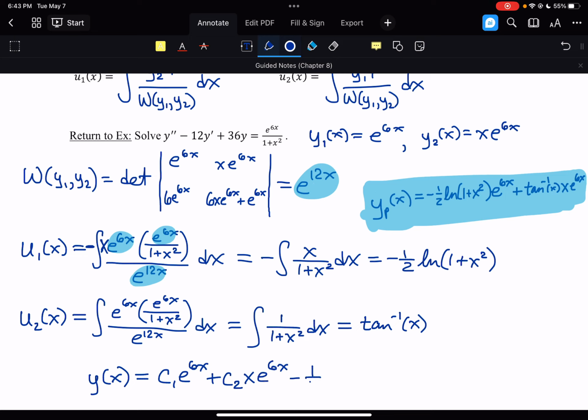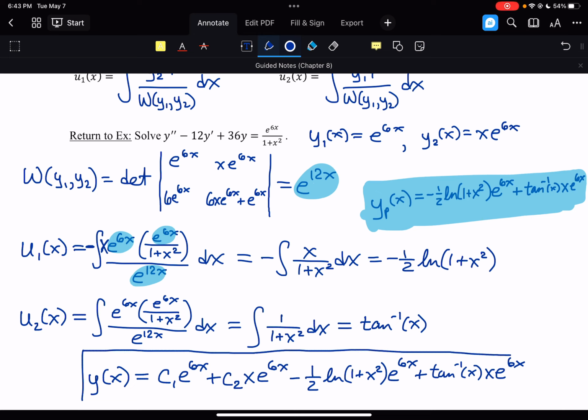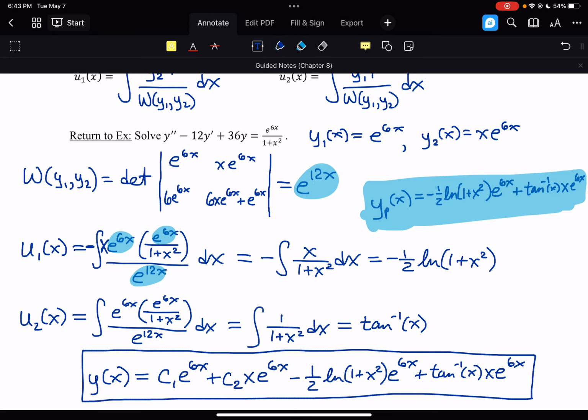So that's minus 1/2 ln of 1 plus x squared times e to the 6x plus inverse tangent of x times x e to the 6x. And that is our process for variation of parameters.